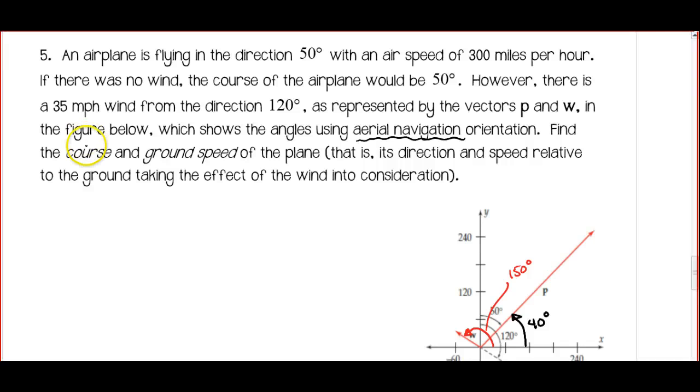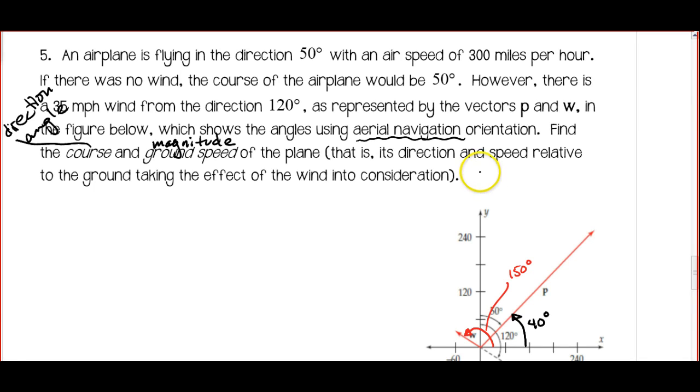So the course, you have to interpret this as the direction angle, and the ground speed, you need to interpret this as the magnitude. So we want the magnitude and the direction angle of what we call the resultant.